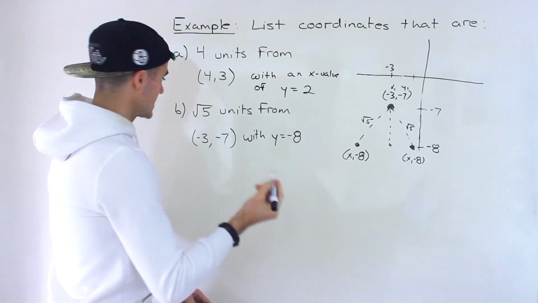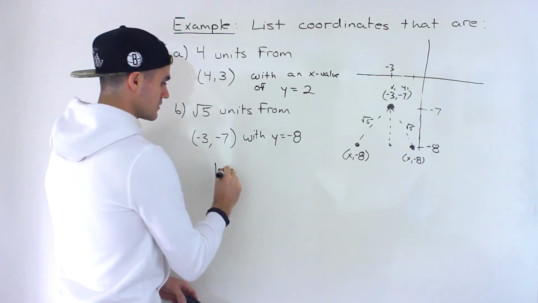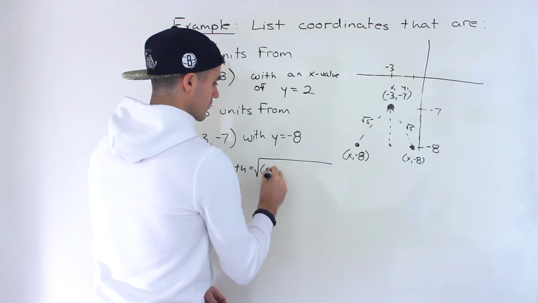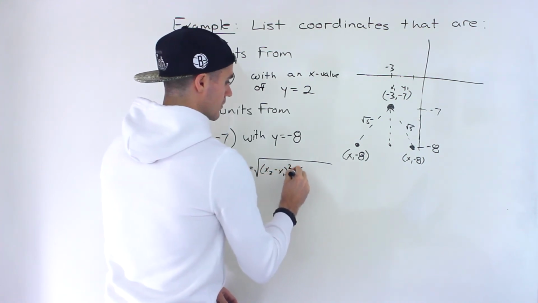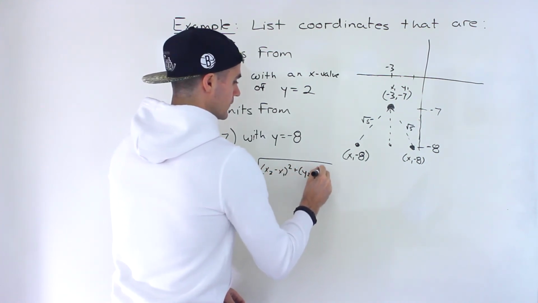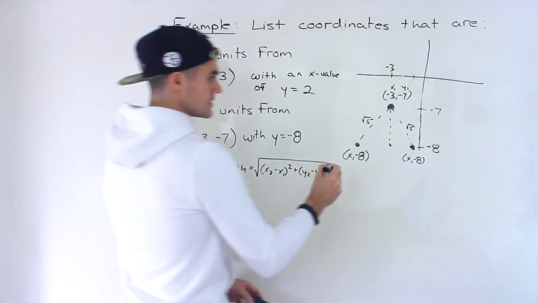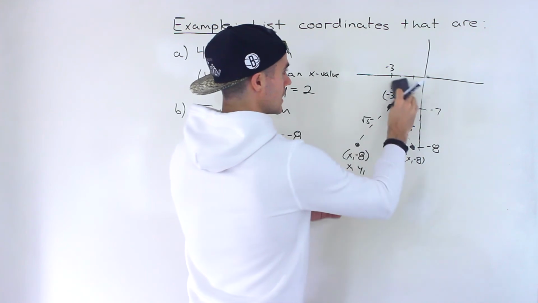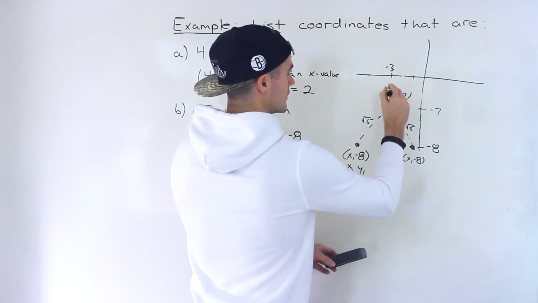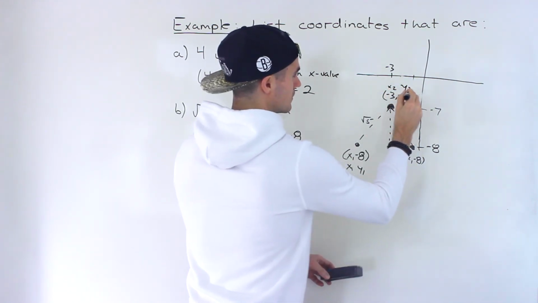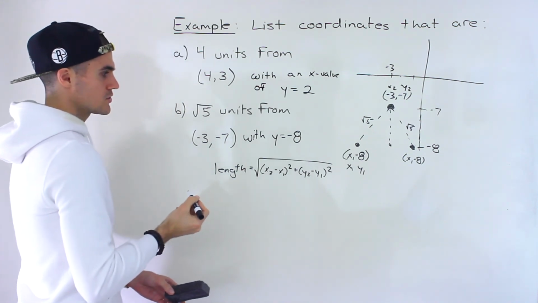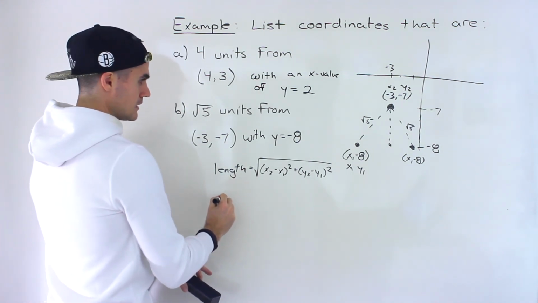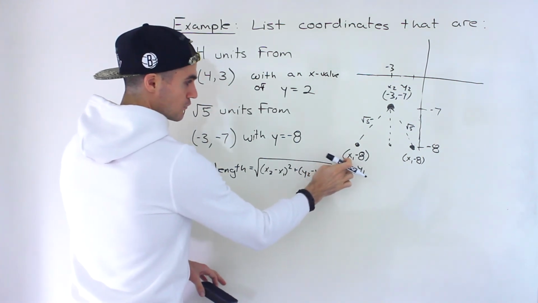So exact same thing. We're going to be using the length formula. Let's label this x1, y1, and we'll let this be x2, y2. It doesn't matter which you label, you're still going to get the same value. But in this case, notice that we're going to be solving for this x value.